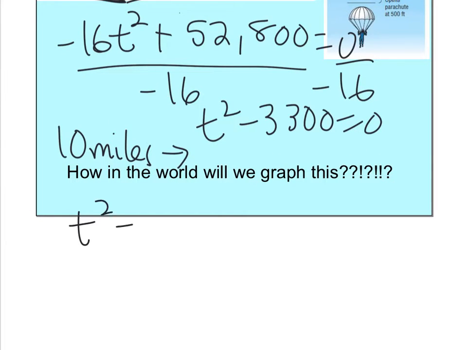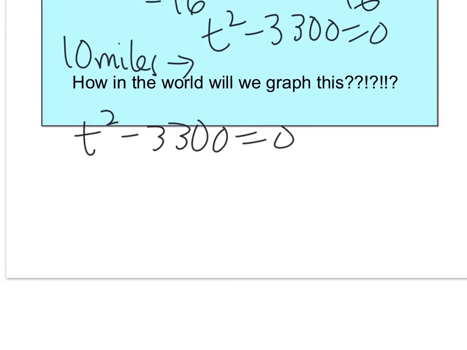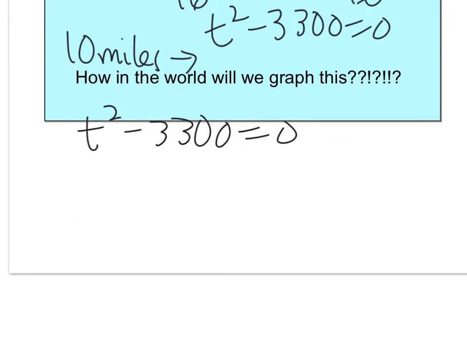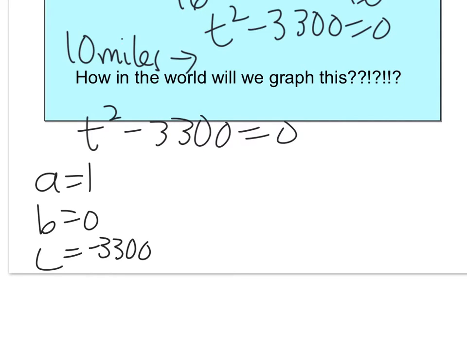This is kind of like saying a would be 1, b would be 0, c would be negative 3,300 if I simplified it. So negative b over 2 times a is going to be 0. So my y-intercept is going to be negative 3,300.